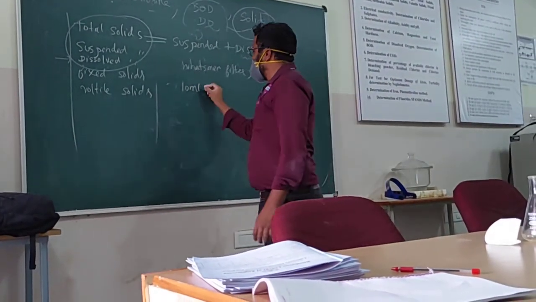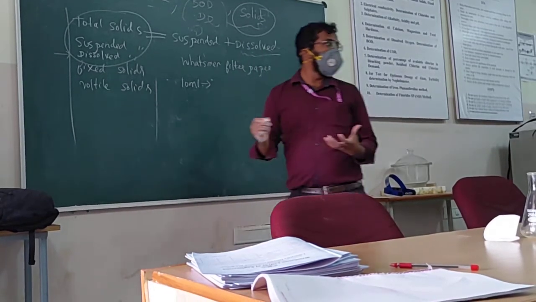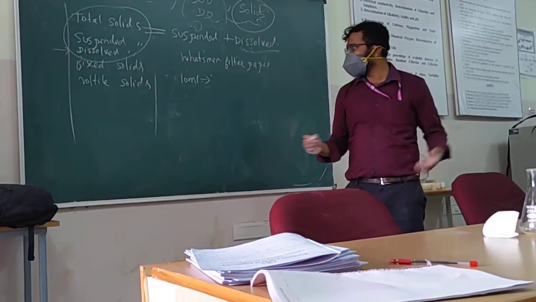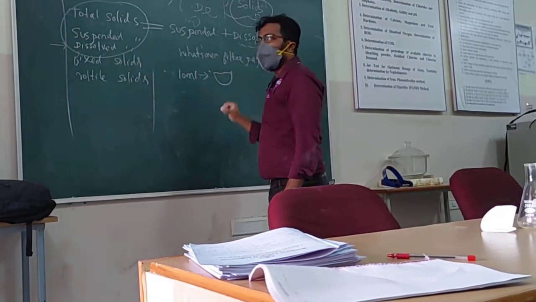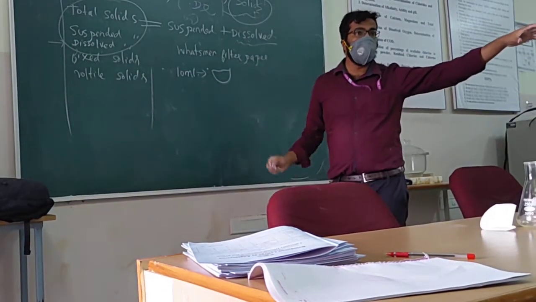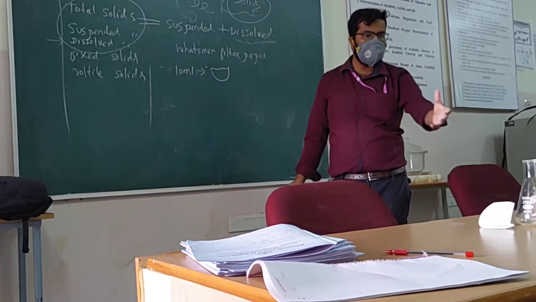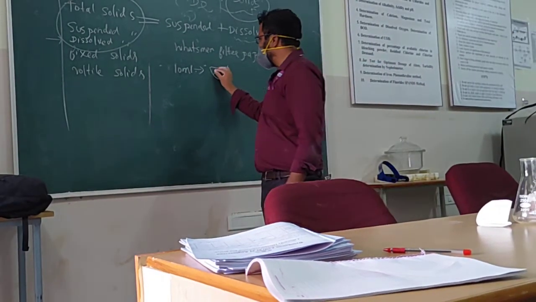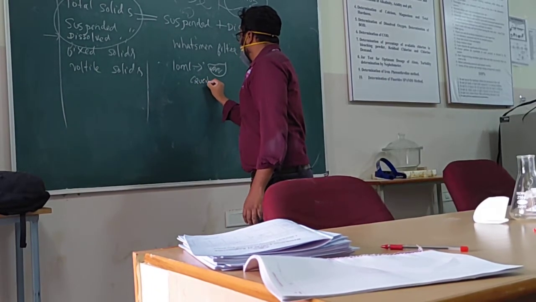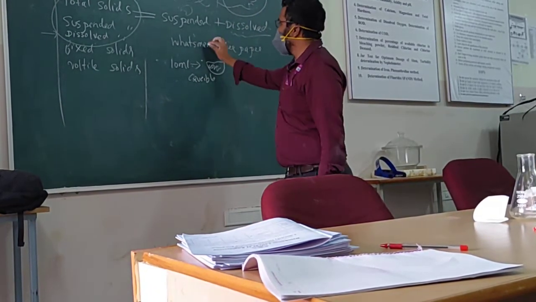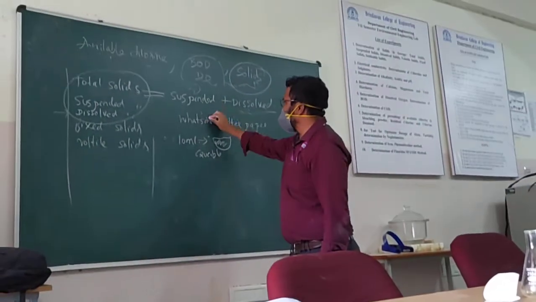Then there is a thing we call a bowl, which will be shaped like this. Because we have to put all the sample in the oven, right? So we can't put this thing. So it's a China dish, or sometimes we call it crucible. You already know Whatman paper will separate these 2 things.